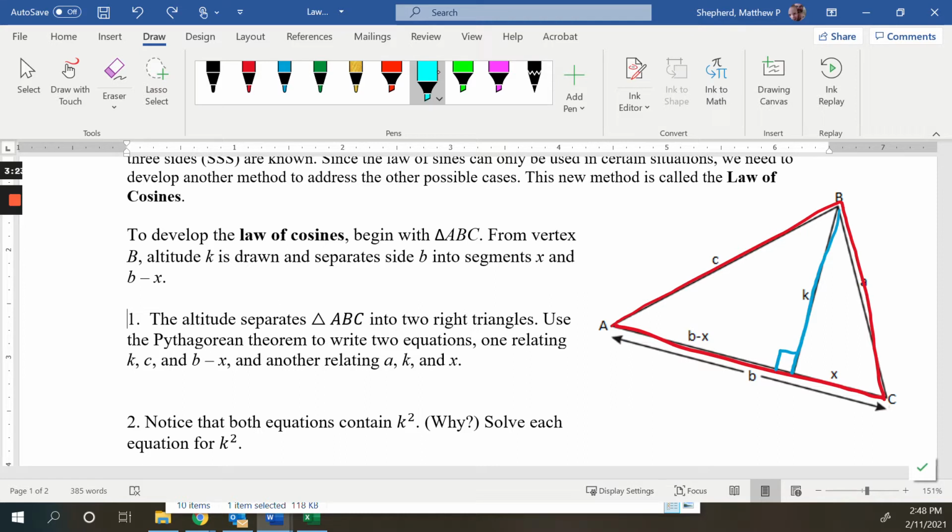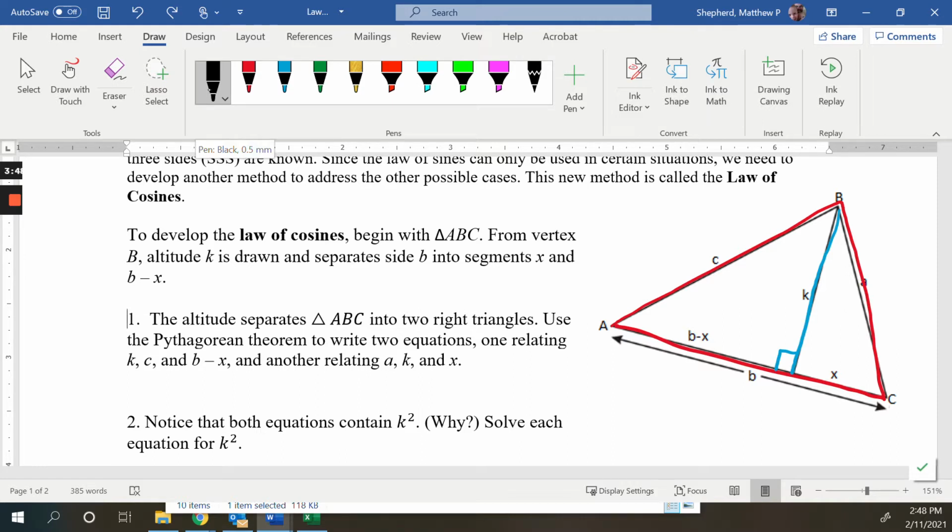Use the Pythagorean theorem to write two equations, one relating k, c, and b minus x, the other relating a, k, and x. So let's go ahead and we'll start over here on the left-hand side. Now they said to use Pythagorean theorem, so that's what we're going to do. We're going to do our a squared plus b squared is equal to c squared.